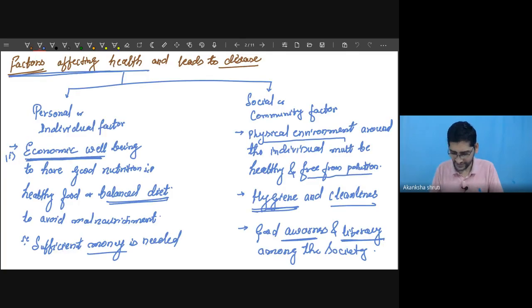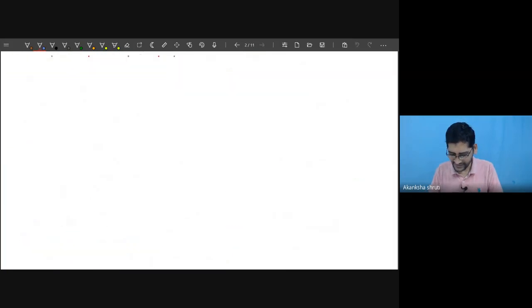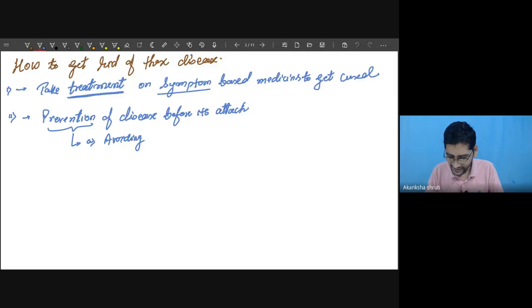These are the 5 conditions. Under these 4 or 5 conditions, you can avoid the disease, that is, prevention of disease before its attack.